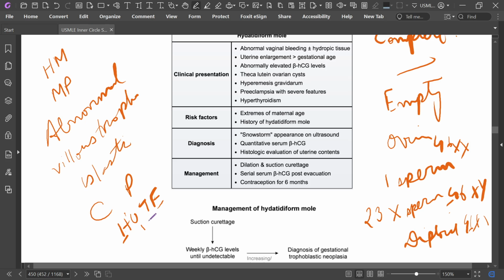Overt hyperthyroidism occurs because a shared alpha subunit between TSH and beta-hCG stimulates T3 and T4. Think about theca lutein cysts due to hCG or ovarian hyperstimulation, with theca cell luteinization that secretes androgen and can cause acute hyperandrogenism like hirsutism. It may also be early onset preeclampsia with severe features. So with abnormally high beta-hCG and these other features, think it may be a complete mole.